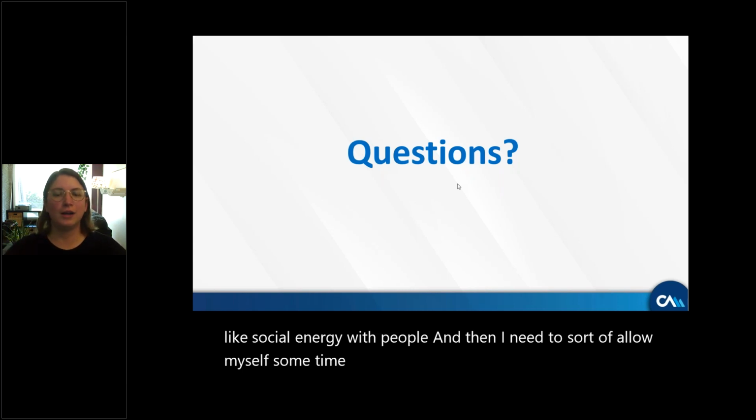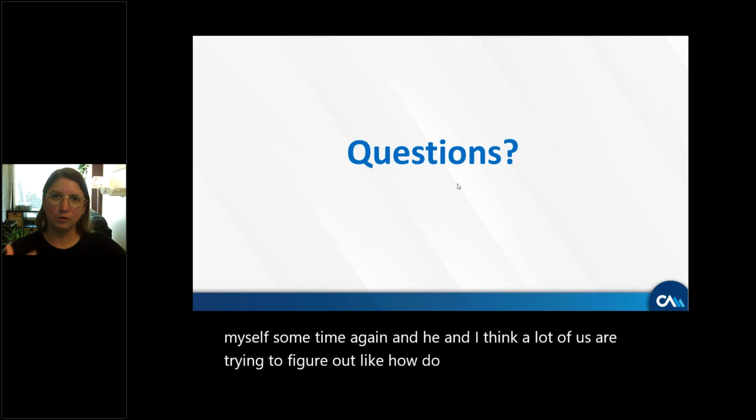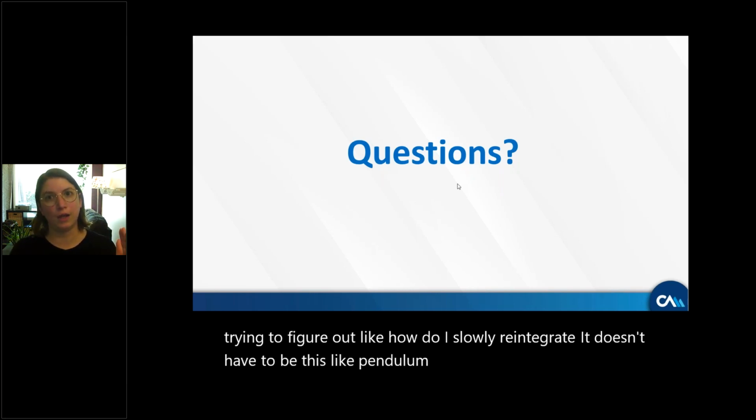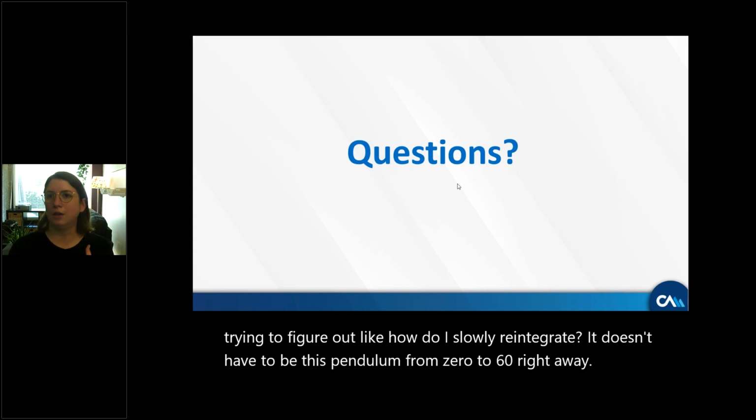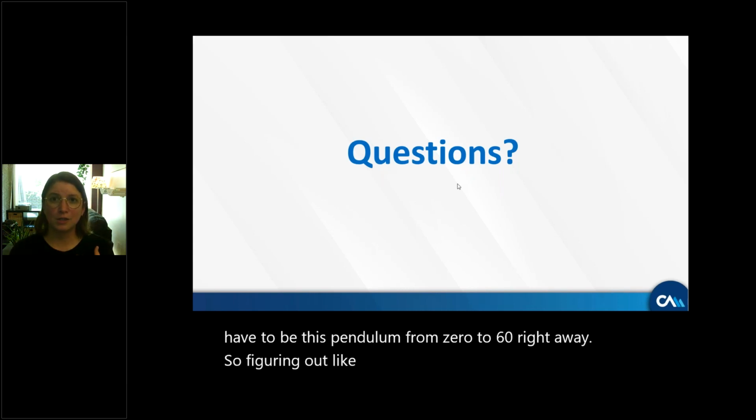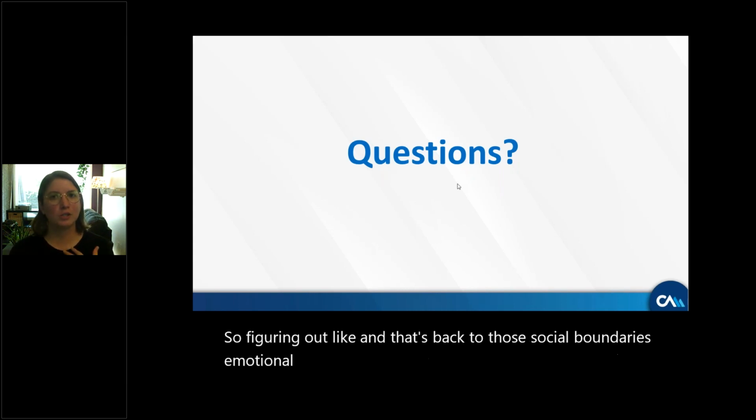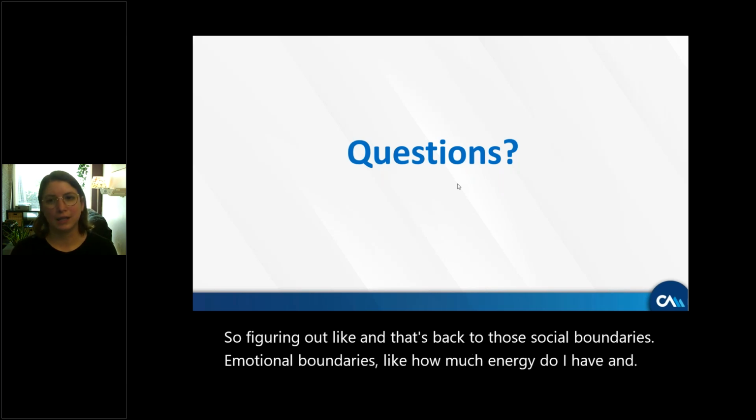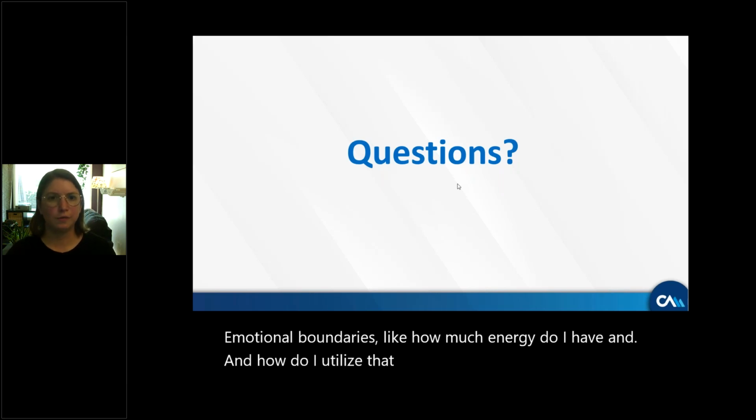I think a lot of us are trying to figure out how to slowly reintegrate. It doesn't have to be a pendulum from 0 to 60 right away. That's back to those social boundaries, emotional boundaries: how much energy do I have, and how do I utilize that energy so I don't overwhelm myself?